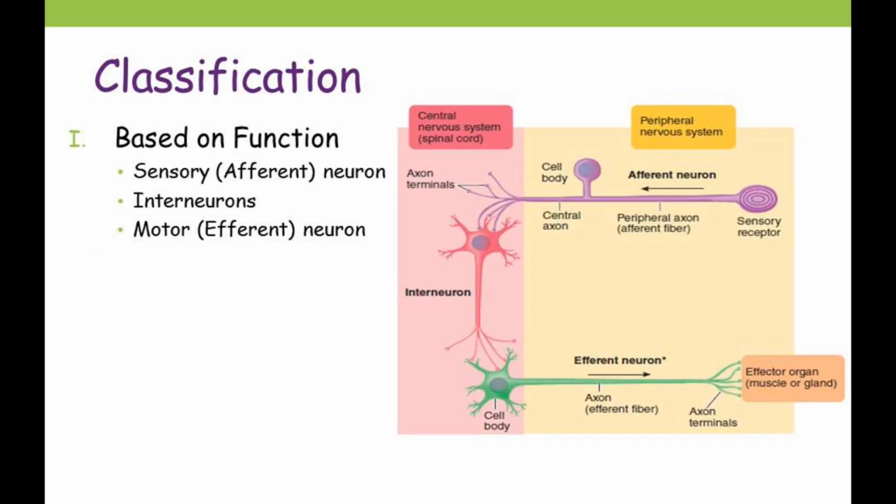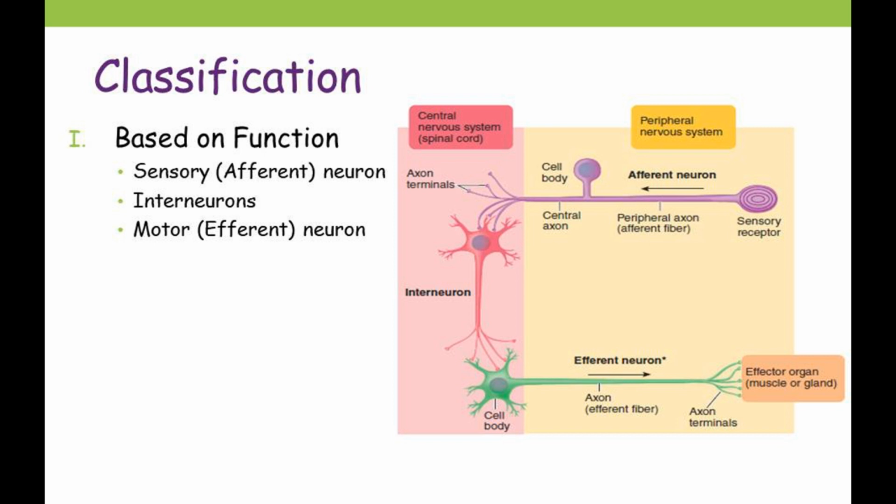So neurons can be classified in several ways. One classification is based on the function, where it is classified as sensory or afferent neuron, interneuron, and motor or efferent neuron.